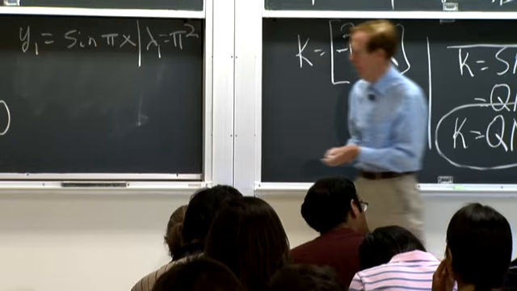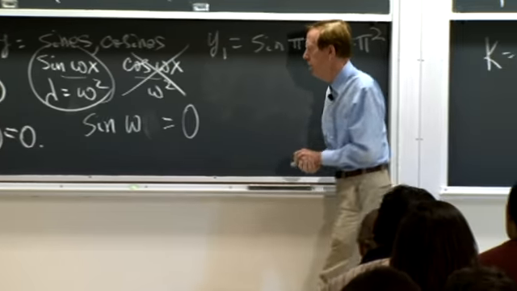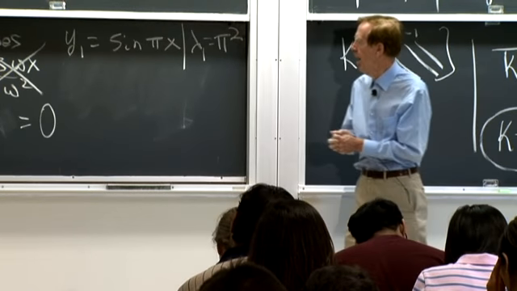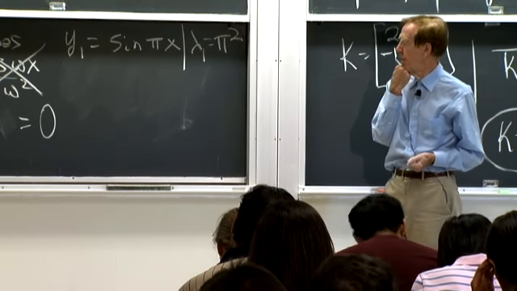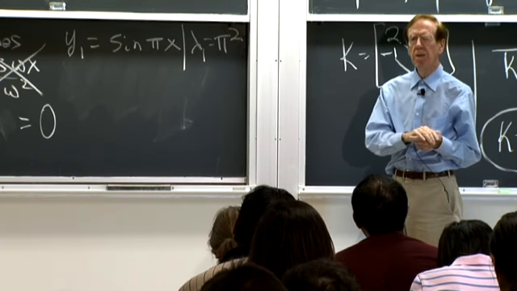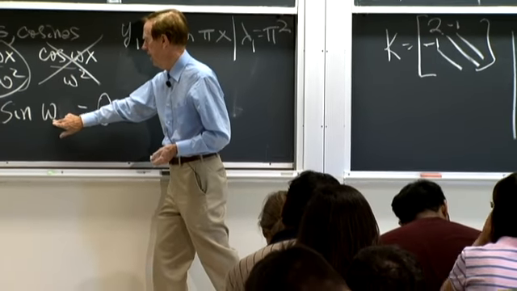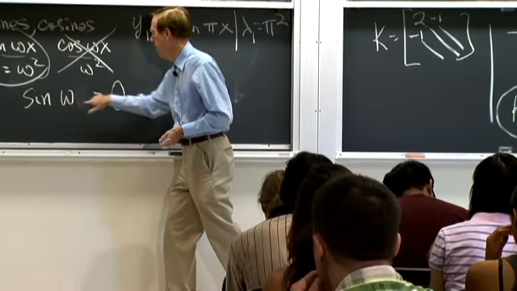We were able to do it because we could solve this equation in an easy way. Now, ready for a second one. What will the next one be? The next eigenfunction, whatever its frequency omega, has to have sine of omega equals 0.